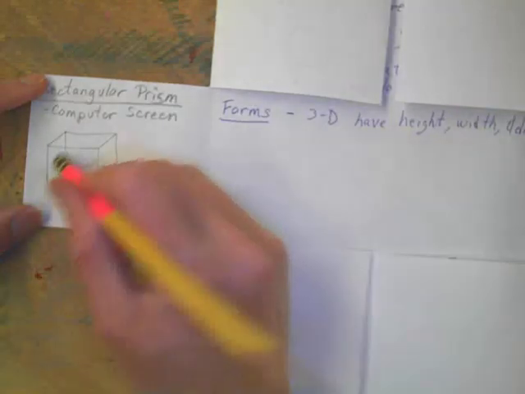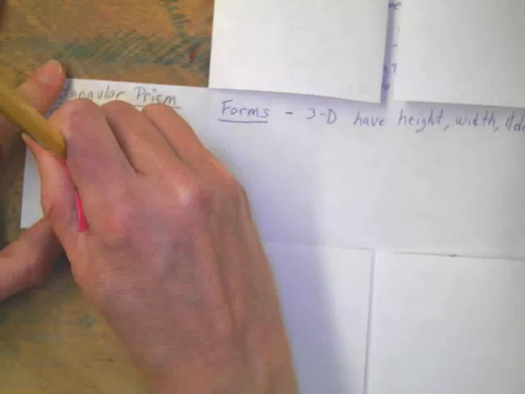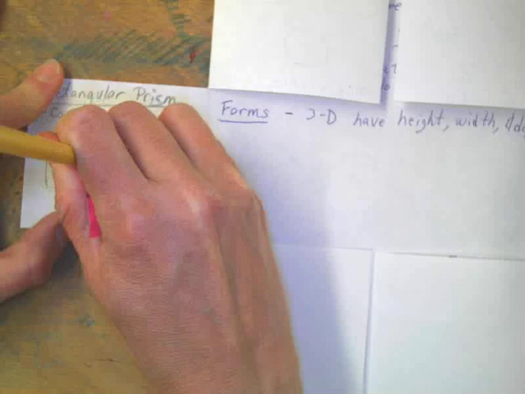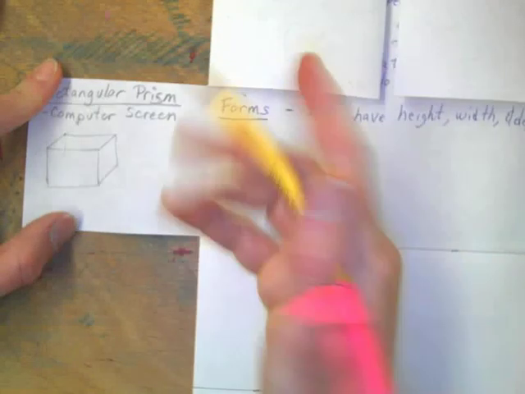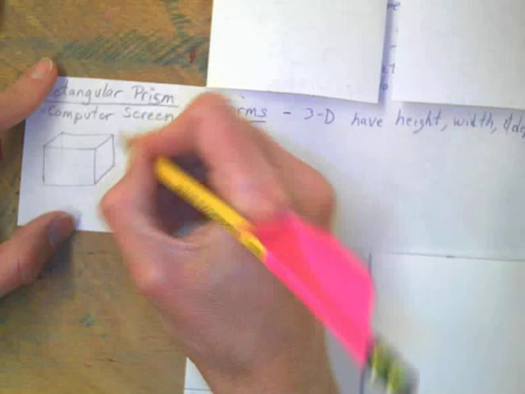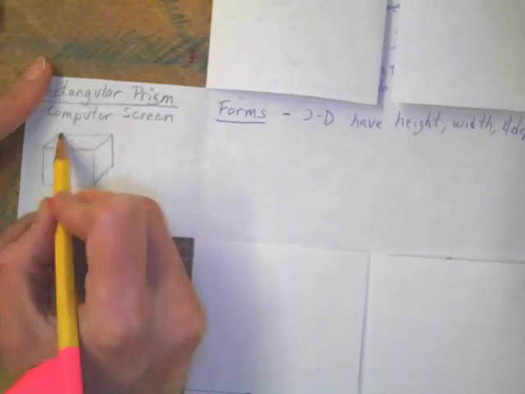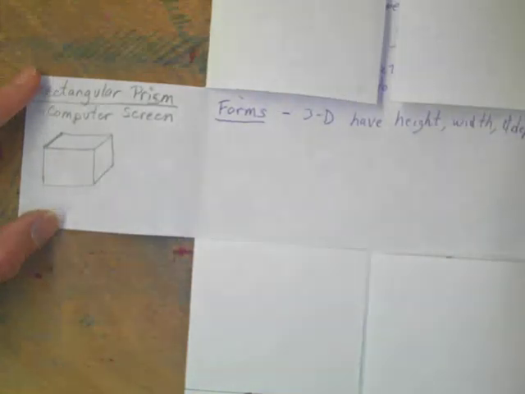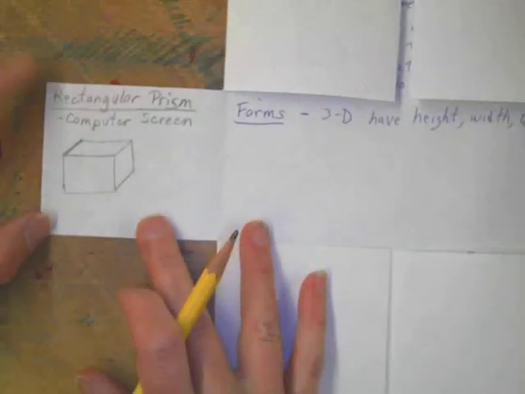I notice I didn't connect this one because we're going to erase inside anyways. Now I'm going to erase inside. And there is the start of my rectangular prism. Now hopefully you drew light enough that when we go to shade, they'll disappear. I have to draw darker because otherwise it doesn't show up on the screen.